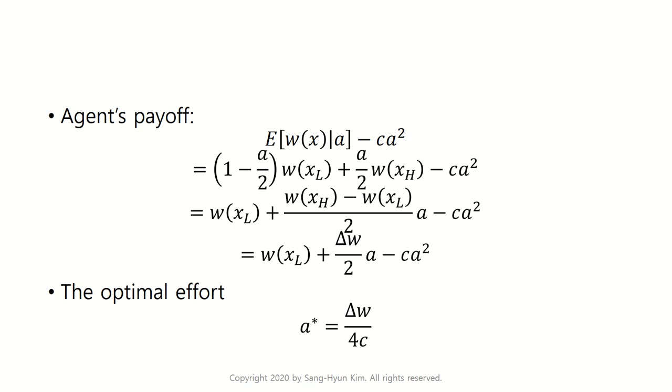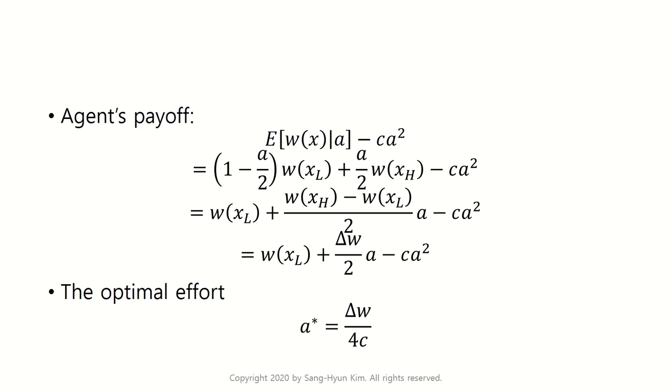So here is the agent's payoff. The agent's objective function is expected wage minus the effort cost. So expected wage is the expected value of W of X given A, minus the effort cost, which is C times A squared. And the expected wage can be spelled out like this. With probability 1 minus A over 2, the realized revenue is XL.